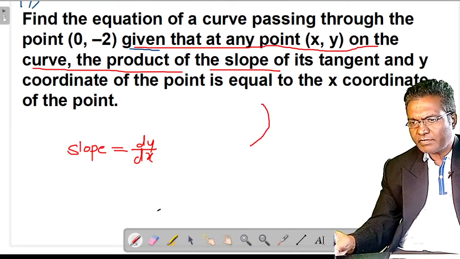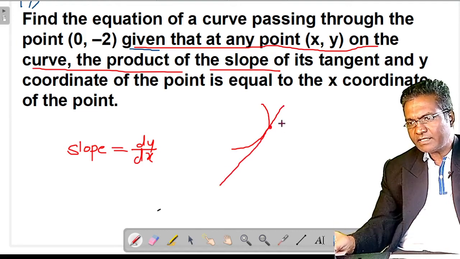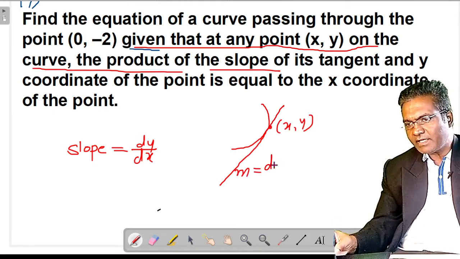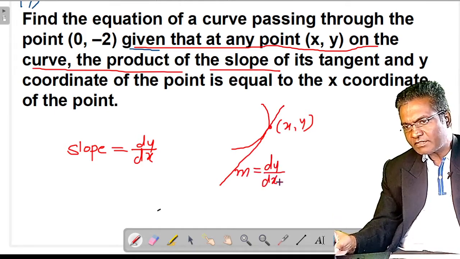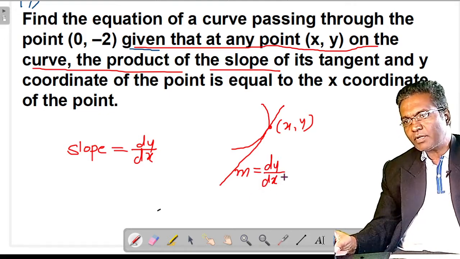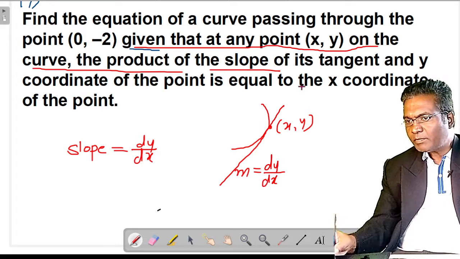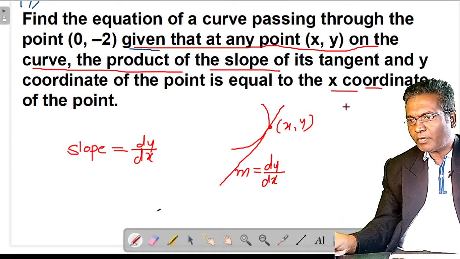Suppose this is the curve and this is a tangent drawn at the point x comma y. The slope of this tangent is dy by dx. Remember this.